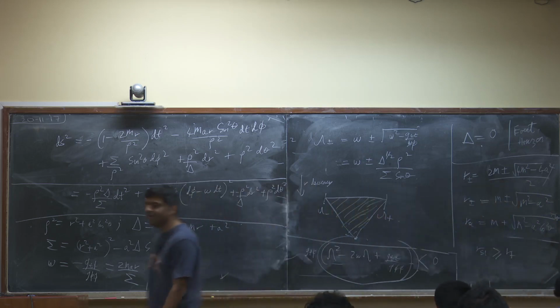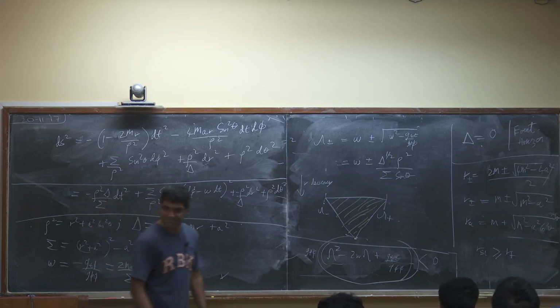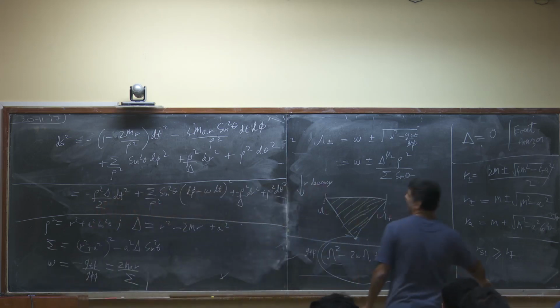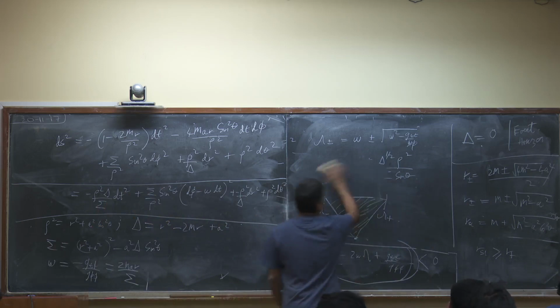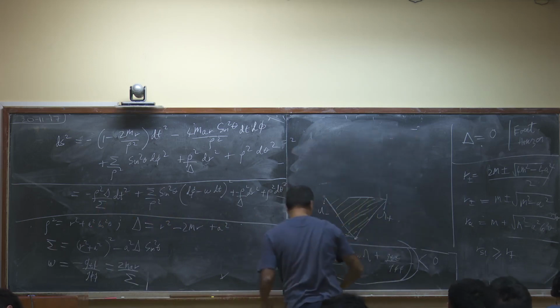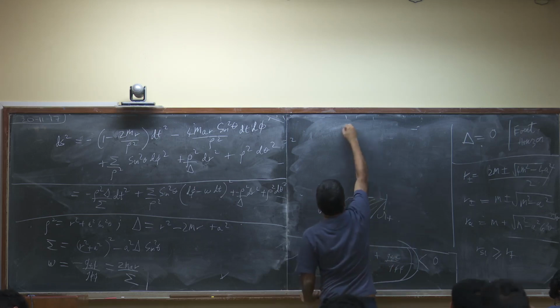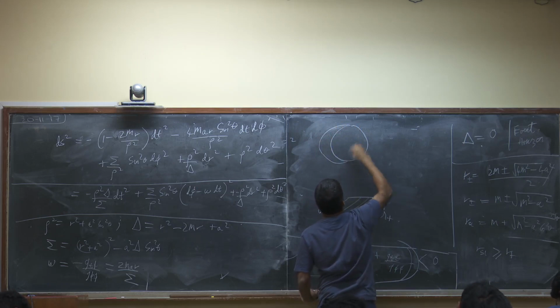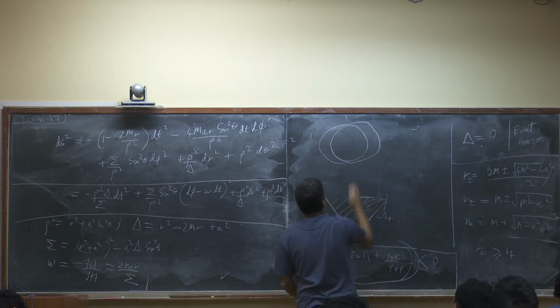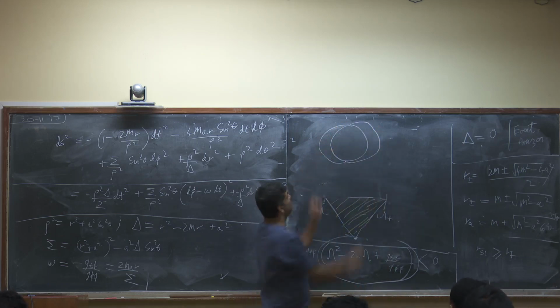R plus will be the outer event horizon. And we can draw the following diagram. There is this region here, and there is this bigger region. How big the region is depends on theta.